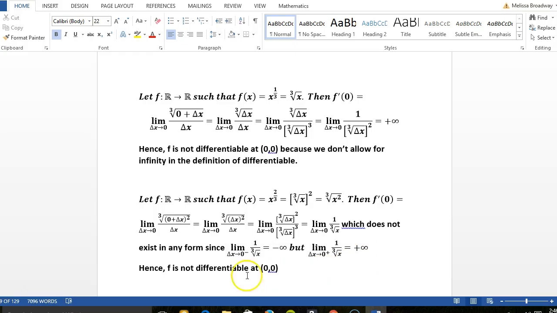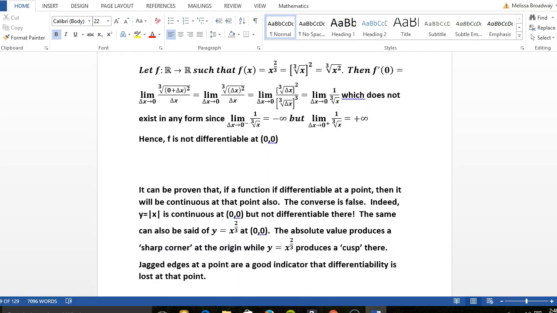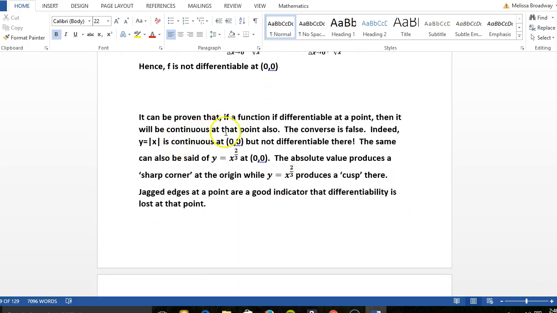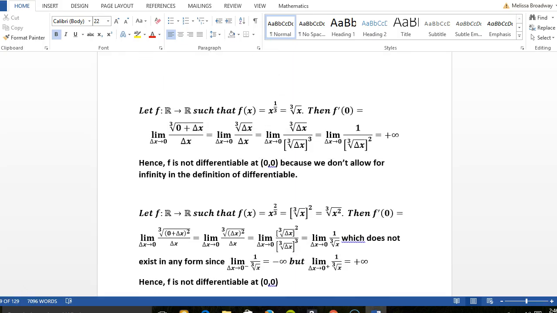So it's not differentiable at (0, 0) in a different kind of way, but in any event, neither one is differentiable at the origin. It can be proven that if a function is differentiable at a point, it'll be continuous there. Aha! Notice something, sort of like for the absolute value, well, yes and no.